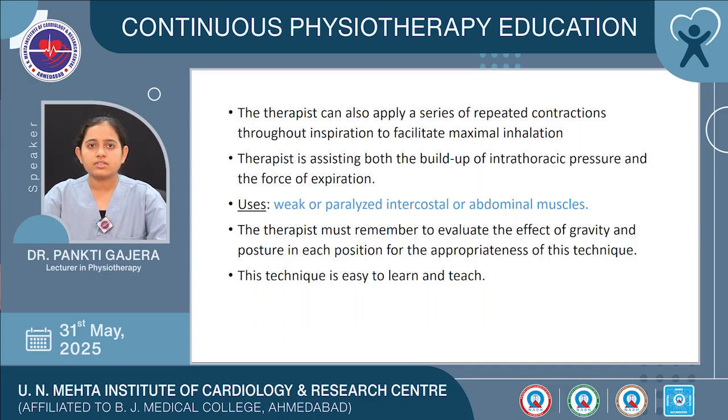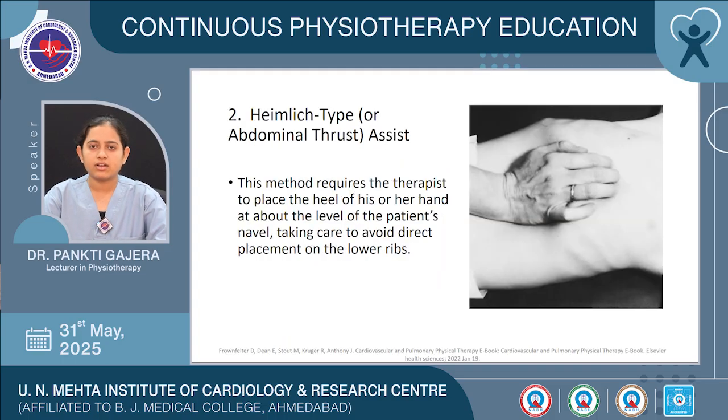The use of this technique is in patients with weak or paralyzed intercostal or abdominal muscles. The therapist must remember to evaluate the effect of gravity and posture in each position for the appropriateness of this technique, and the technique is very easy to learn and teach. Now second one is Heimlich type or abdominal thrust assist.